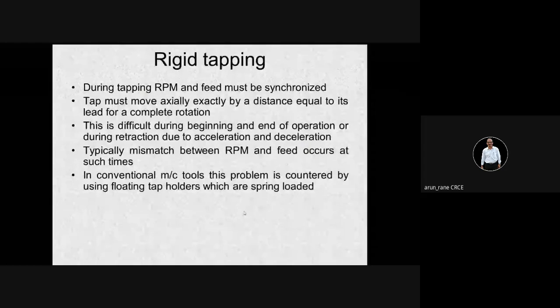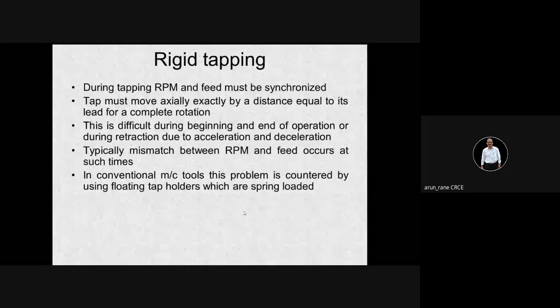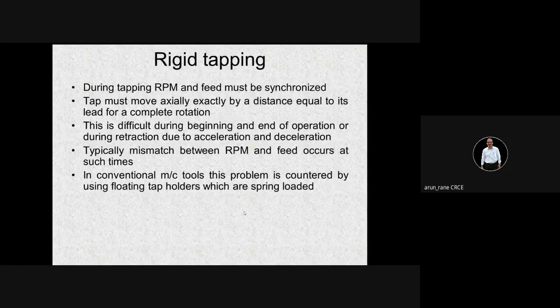It is something like the shock absorber or suspension available on four-wheelers. So it can take the ups and downs, and it protects your workpiece and the tapping attachment, because the tapping attachments are expensive.